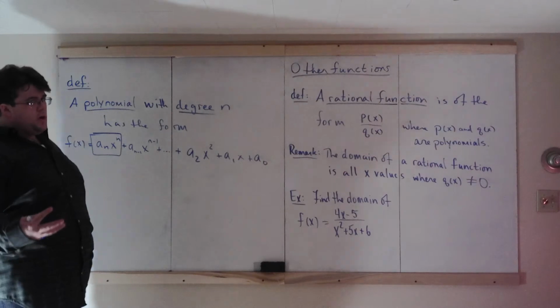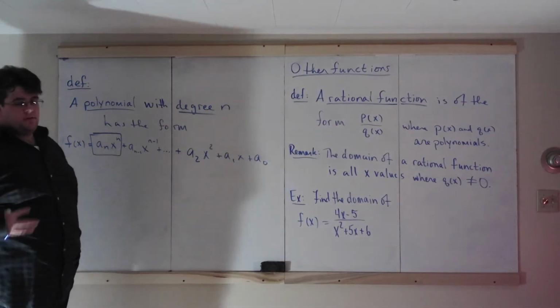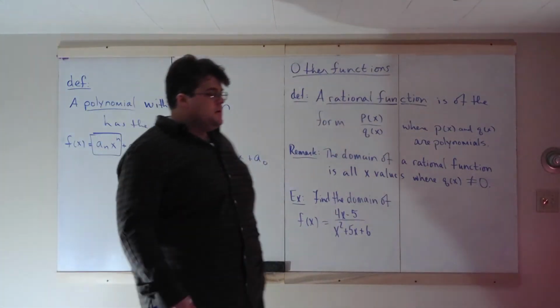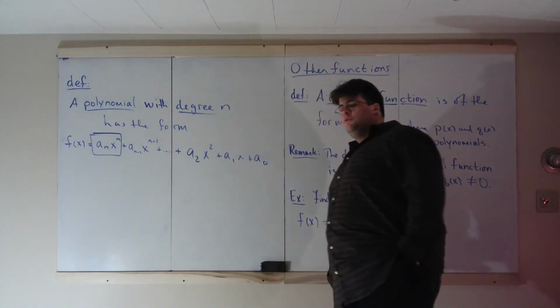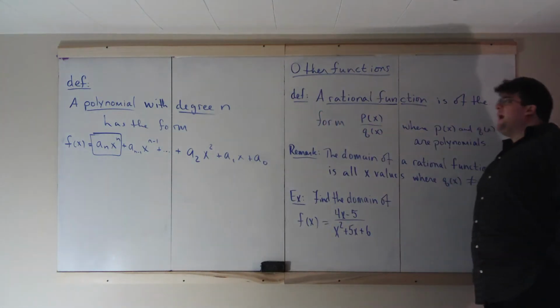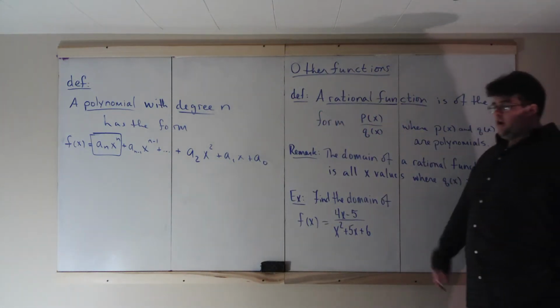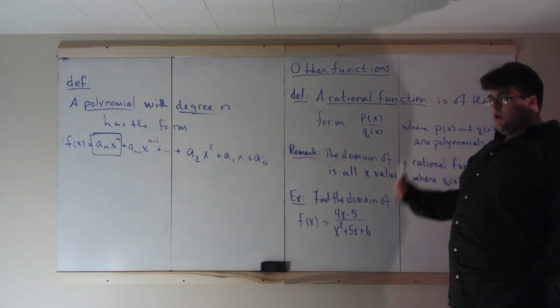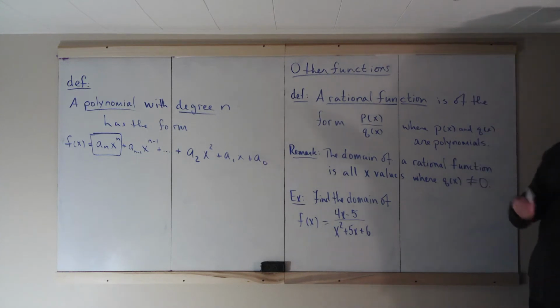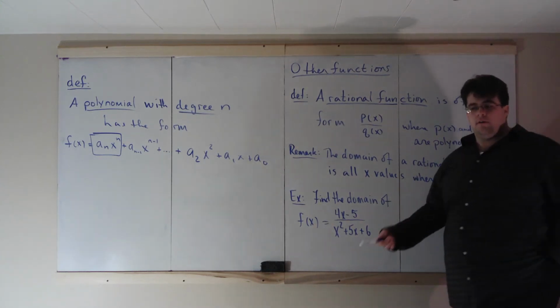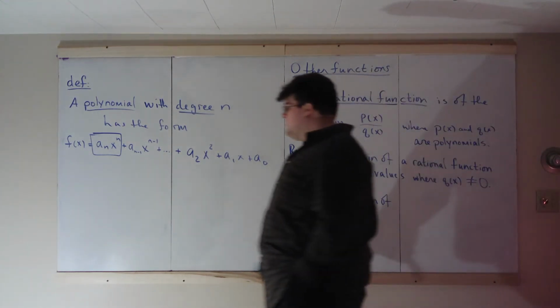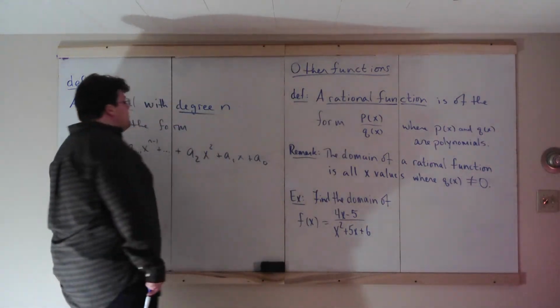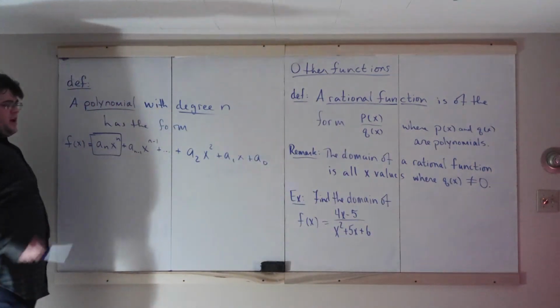And it was a much more complicated formula than even the degree 3 formula. And then the next question is, could you do it for degree 5 or greater? And the answer is no. There is no general formula for the roots of a degree 5 polynomial. The real roots, well, I guess the complex roots of a degree 5 polynomial or greater.